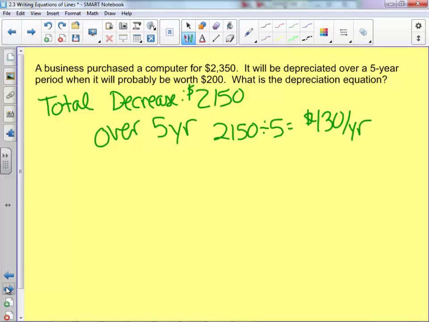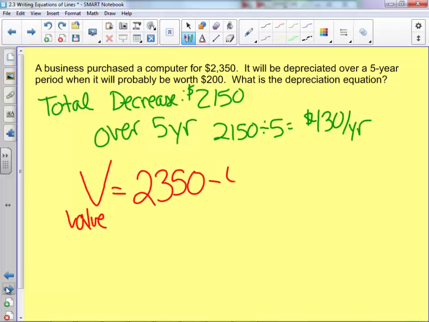So how we're going to use this is our value is going to be how much we started with. It started at $2,350, but it's going down $430 a year. So each year it goes down $430.